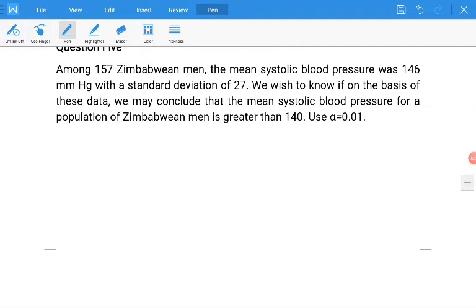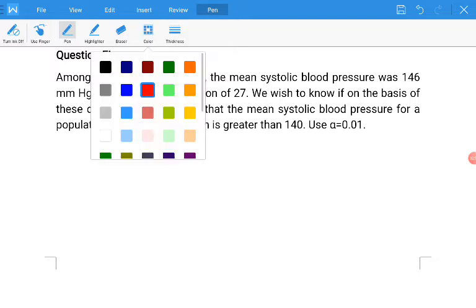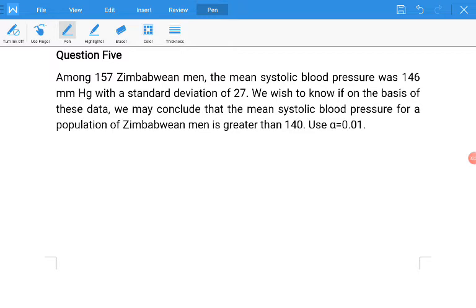Now let's go on to question 5. Question 5 reads, among 157 Zimbabwean men, the mean systolic blood pressure was 146 with a standard deviation of 27.